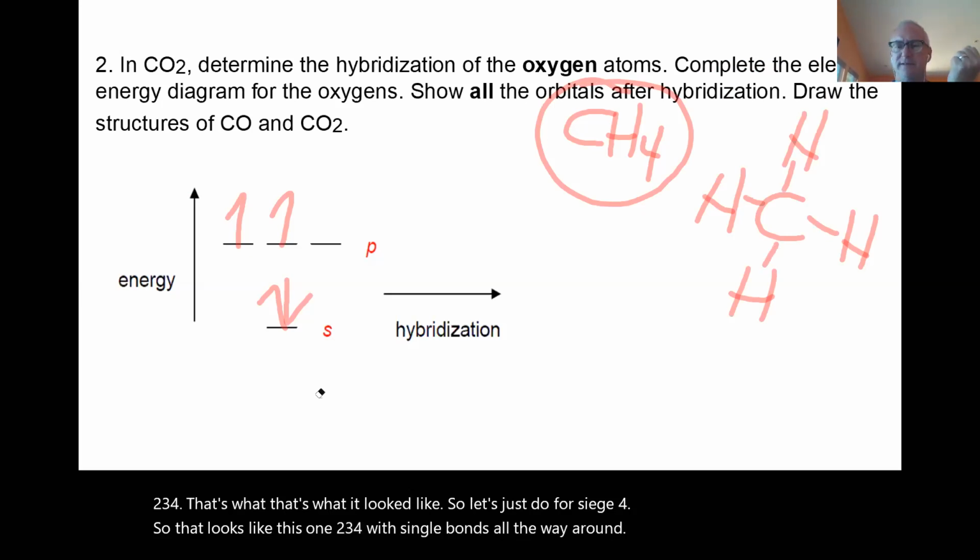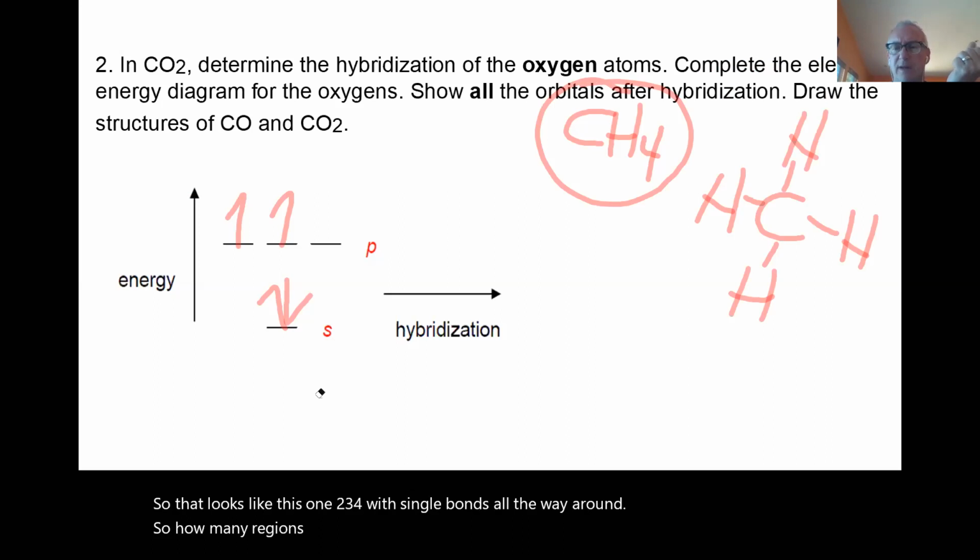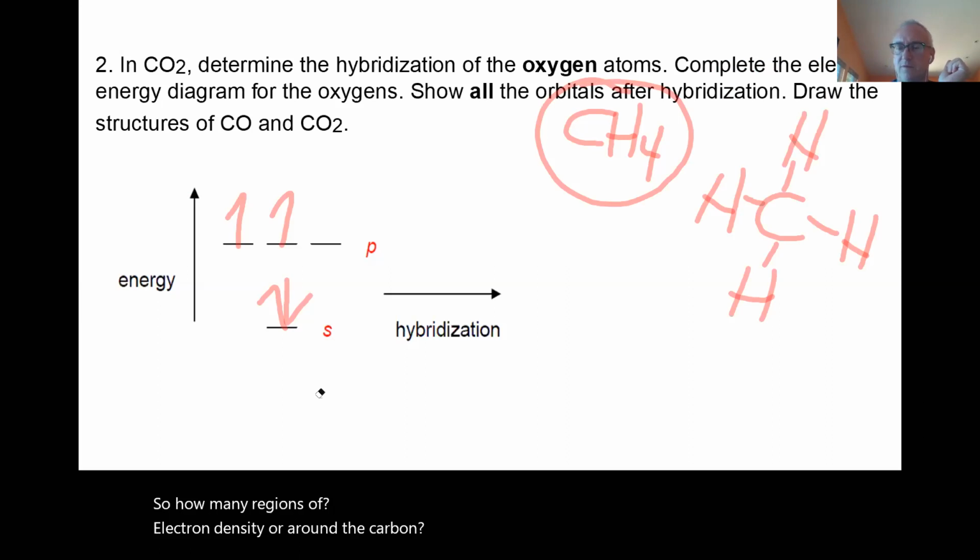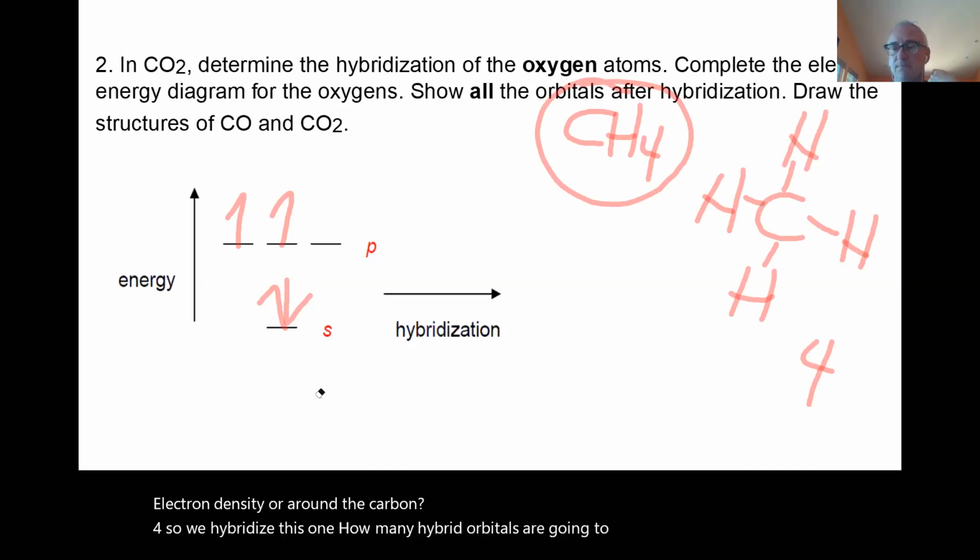So how many regions of electron density are around the carbon? 4. So when we hybridize this one, how many hybrid orbitals are we going to need? 4.